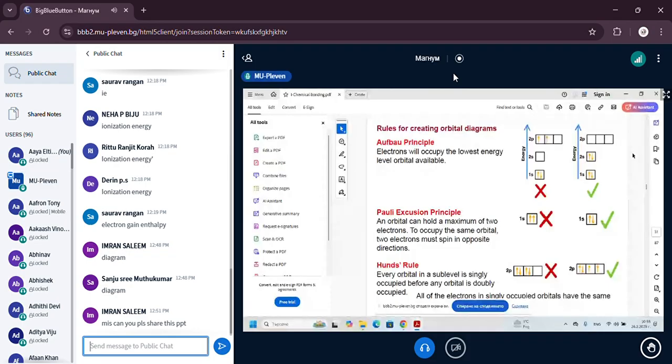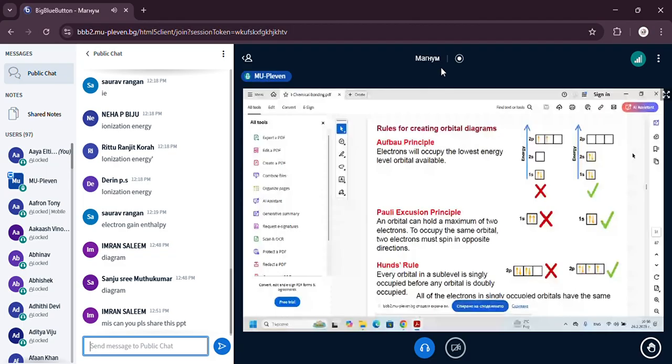Rules for creating these orbital diagrams. There is a principle of Aufbau. According to this principle, first, the lowest energy orbitals are occupied first.